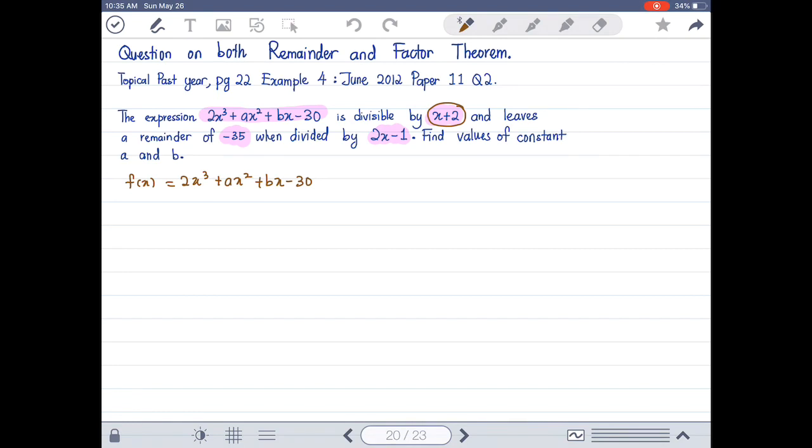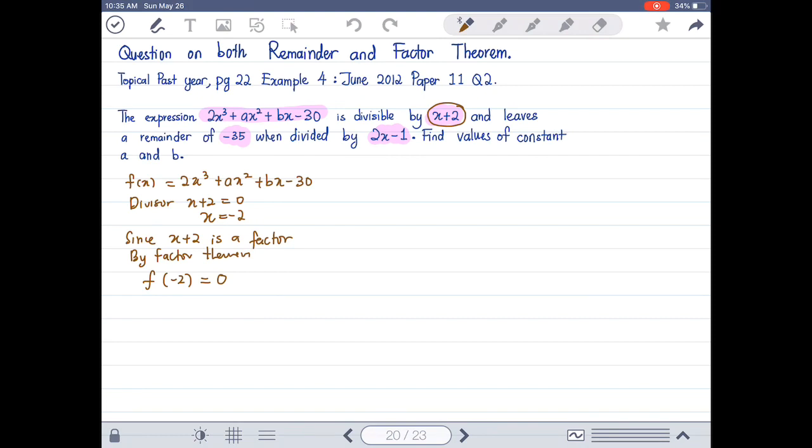Then if we let the divisor x plus 2 equal 0 such that x equals negative 2, since x plus 2 is a factor, by factor theorem, f(negative 2) should equal 0.